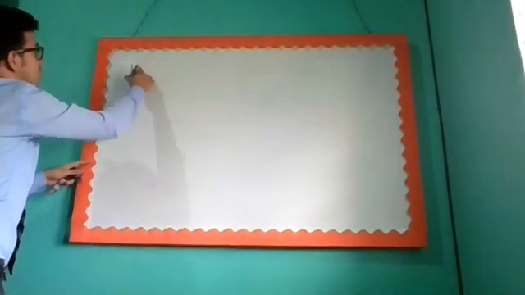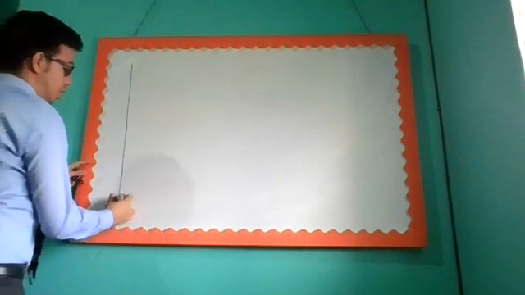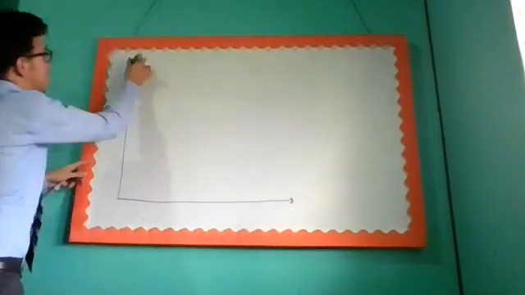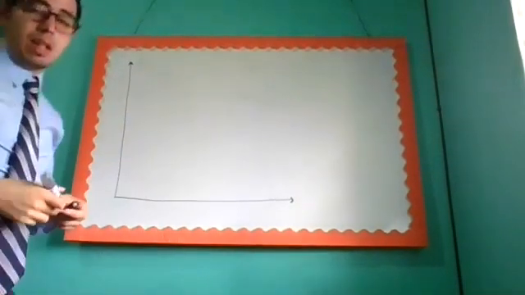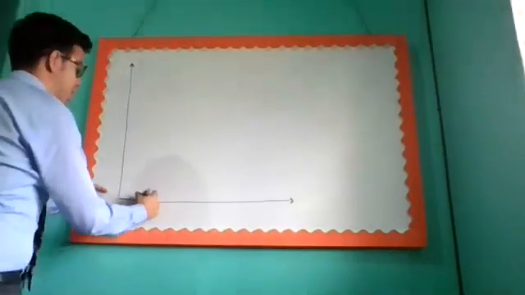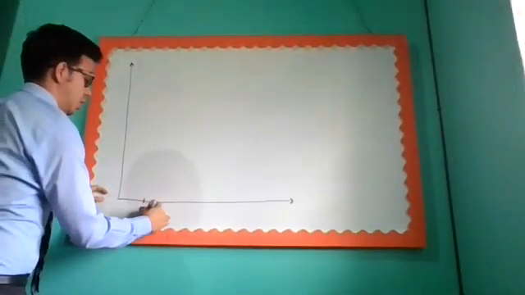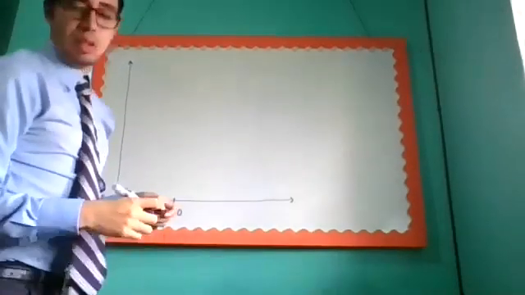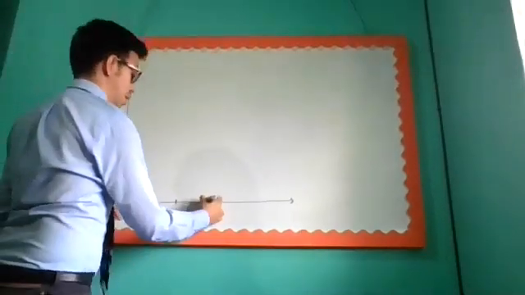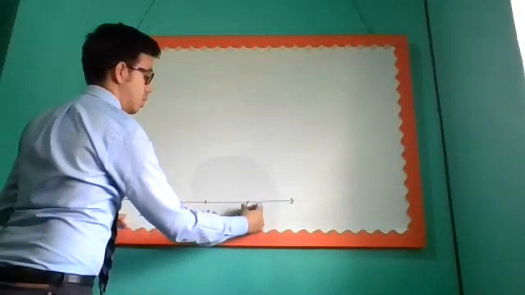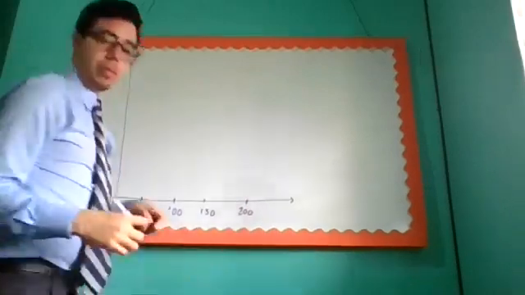We need to draw the graph, and we are going to find an approximation for the money collected if we have 175. We're starting here with 50, 100, 150, and the last one is 200.